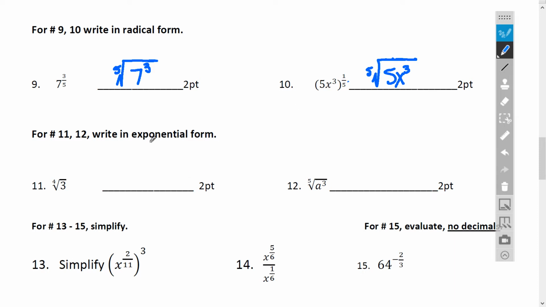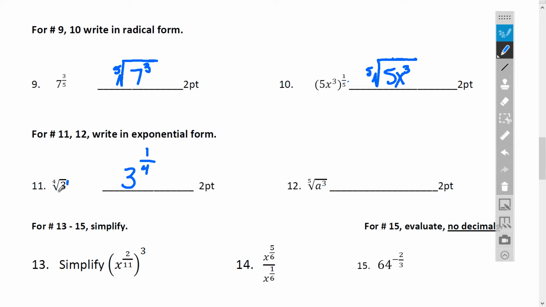Numbers 11 and 12, write in exponential form. For exponential form, we just need to make it have a fraction for the exponent. So the denominator would be the index. The index is 4, so the denominator would be 4. And then the numerator would be the exponent, but we don't see an exponent here, so it's just an invisible 1.